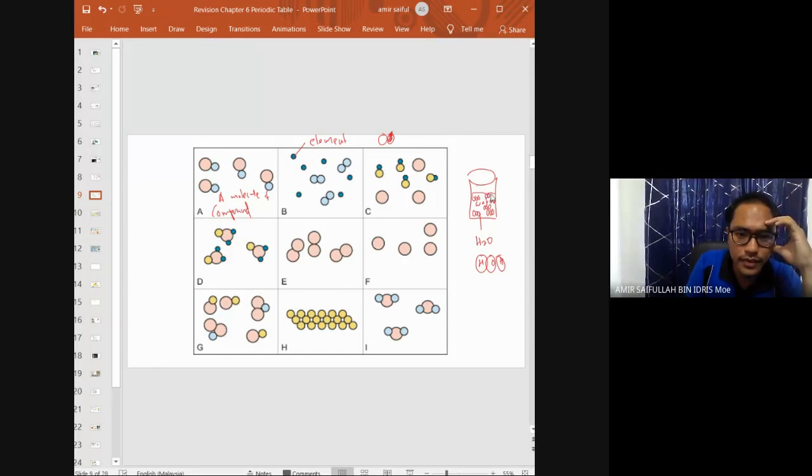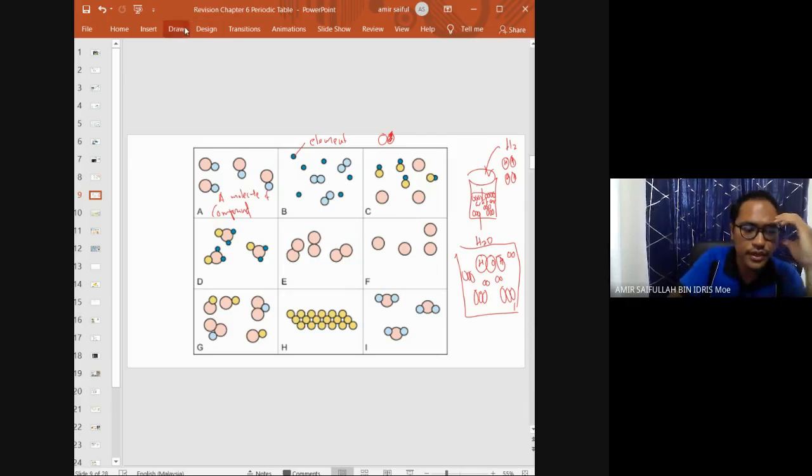And now let's say I add in a new element. Let's say I add in H2. H2 is an element, but it's a molecule, a molecule of hydrogen. So I mix them in. When I mix them in, inside this water you have water molecules and you have hydrogen molecules. I use a different ink.